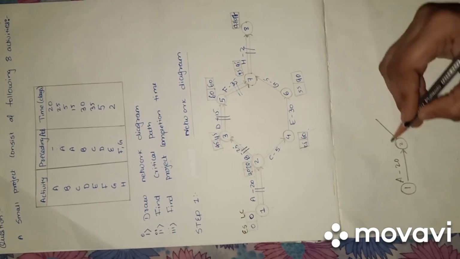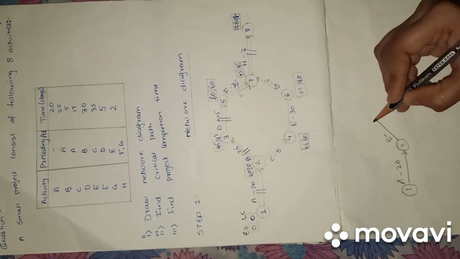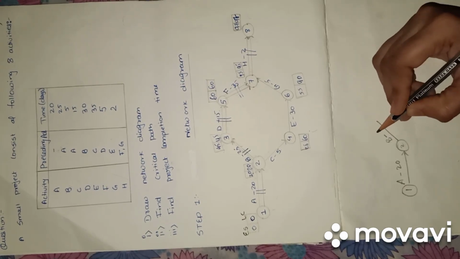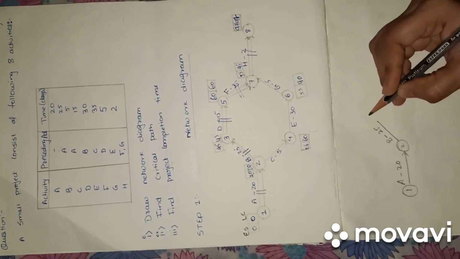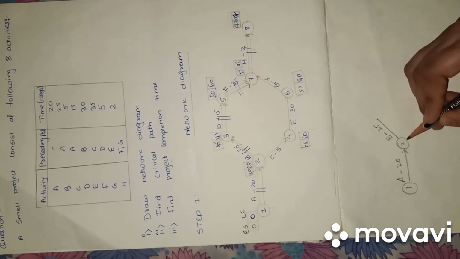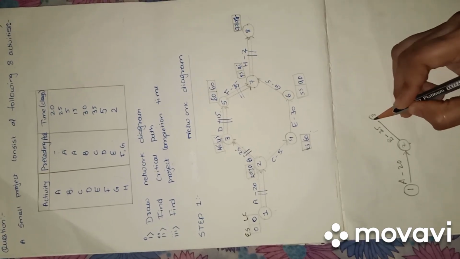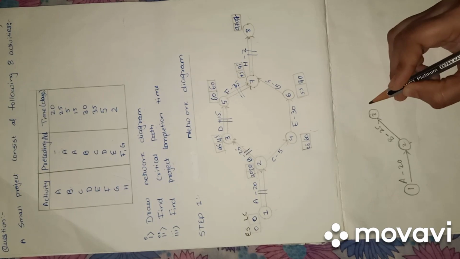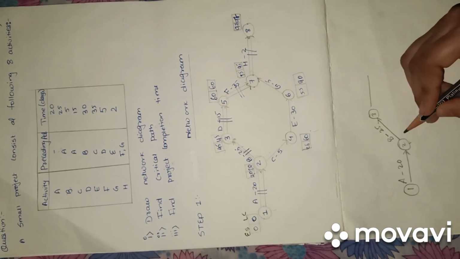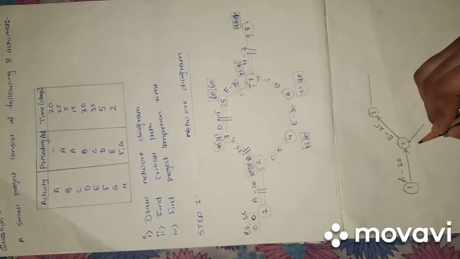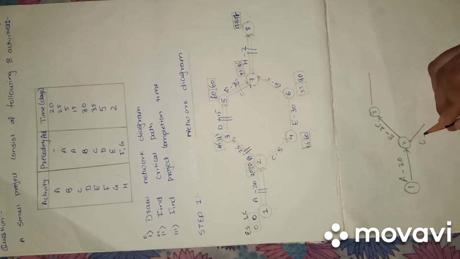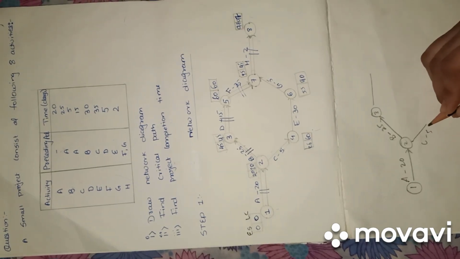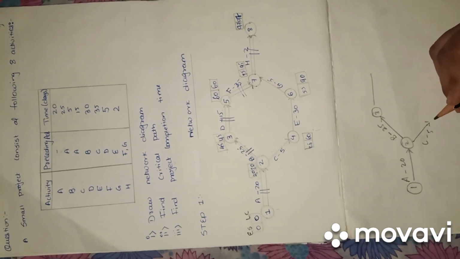Activity B: the preceding activity is A, and the timing is 25. So 2 to 3. After that, C. The timing for C is 5, from 2 to 4.